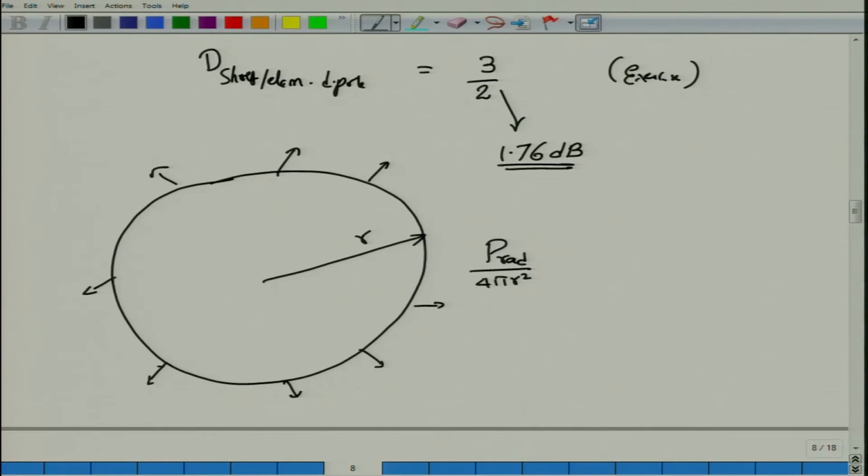Okay. Now imagine that you actually have your own antenna which radiates only in this narrow region, only in this kind of a cone. Whatever the power density there is, if you take that ratio to this P rad by 4 pi r square, that would be the directivity.